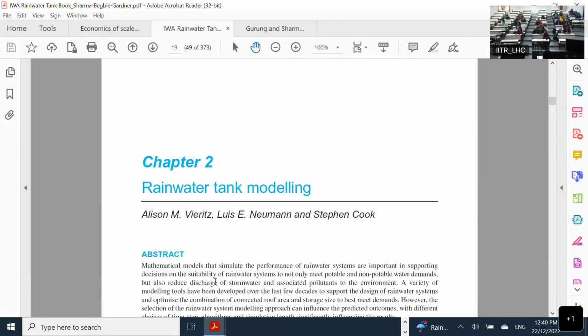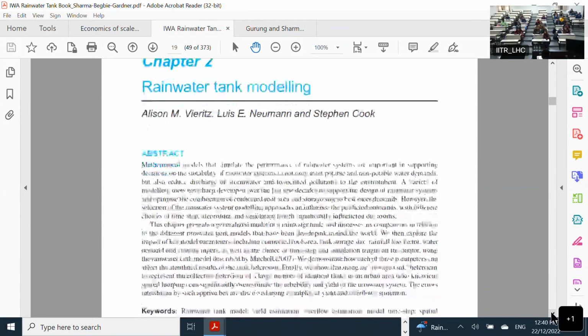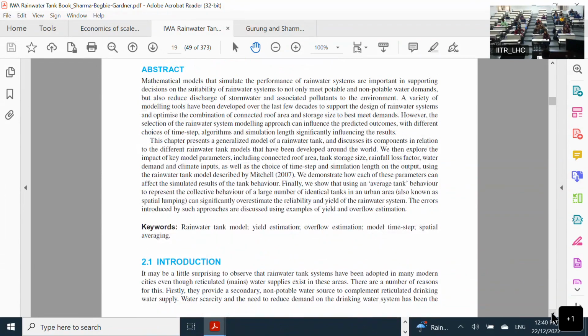So as you can see, there is a chapter number 2, which is dedicated to rainwater tank modeling. I have taken one diagram from this chapter, which I showed to you, but it talks about different parameters which are needed, and they will play a significant role in the modeling.